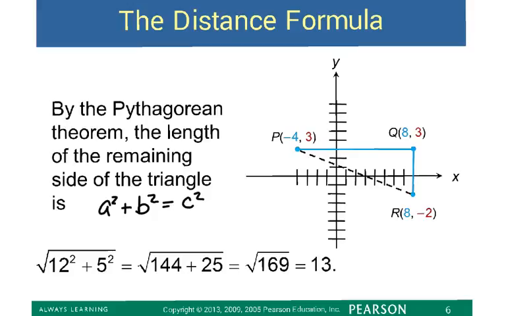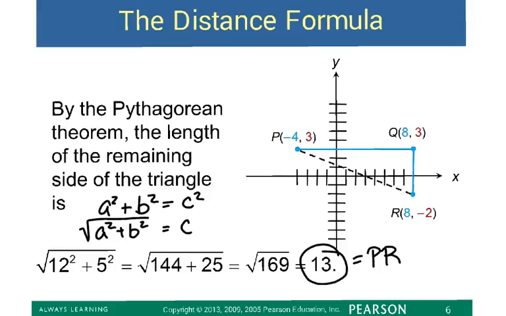And what we're finding here is the distance c. So that is using the Pythagorean theorem in order to find the distance between two different points. So here we got 13. 13 is our distance of PR.